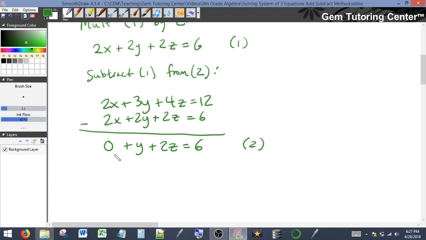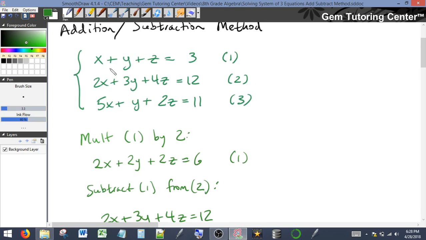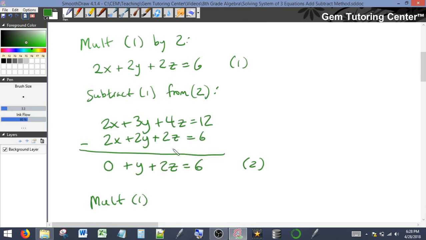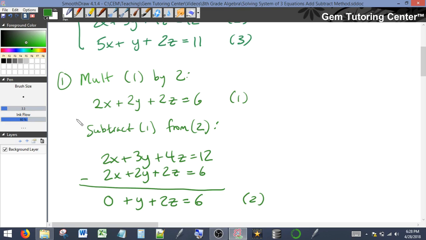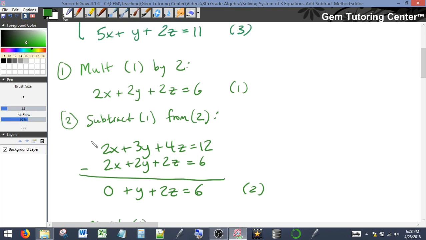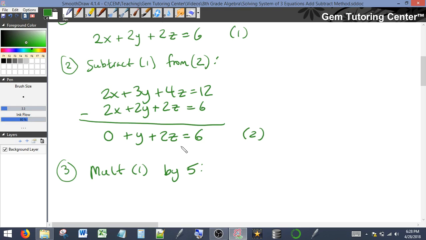Now the next step is to multiply the original equation 1, x plus y plus z equals 3. So that was the first step, this was the second step, and now we're on the third step: multiply equation 1 by 5. Now why would we do that?